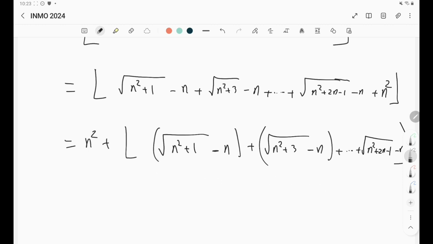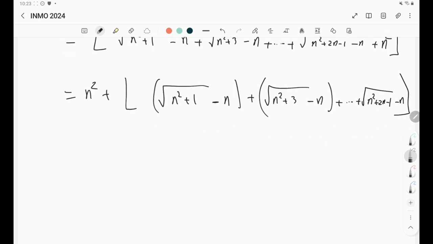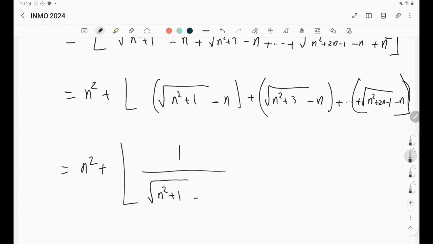Well, this should be a familiar trick for you. This idea is very famous, especially when you're dealing with floors. You can easily change this into positive by multiplying by the conjugate, right? So if you multiply by the conjugate, this thing becomes n squared plus 1 minus n squared, so it becomes 1 over root n squared plus 1 plus n.